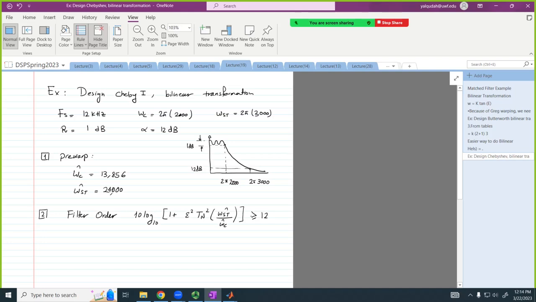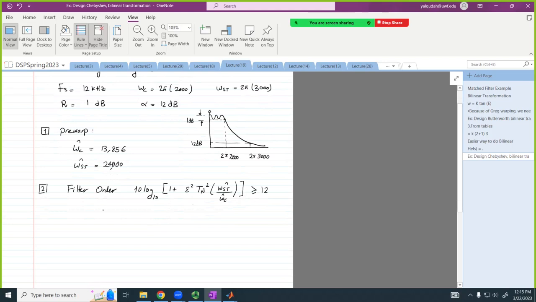Why don't I ask you to finish it by Monday? Well, it's in the homework, but before you do the homework, finish studying this. Okay, we're going to get n equal to 3.